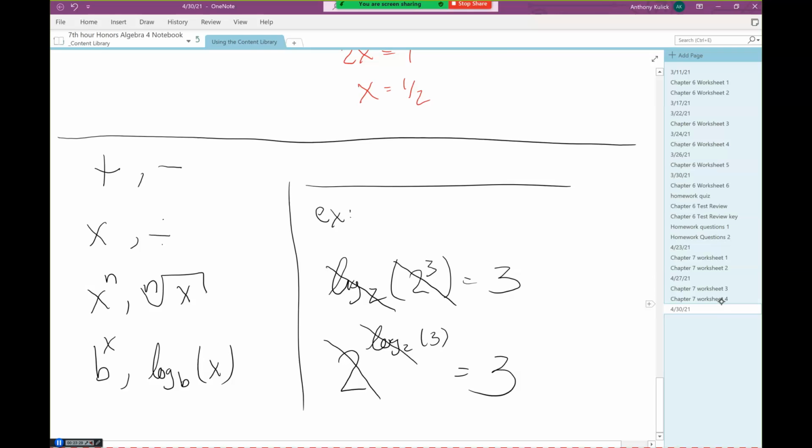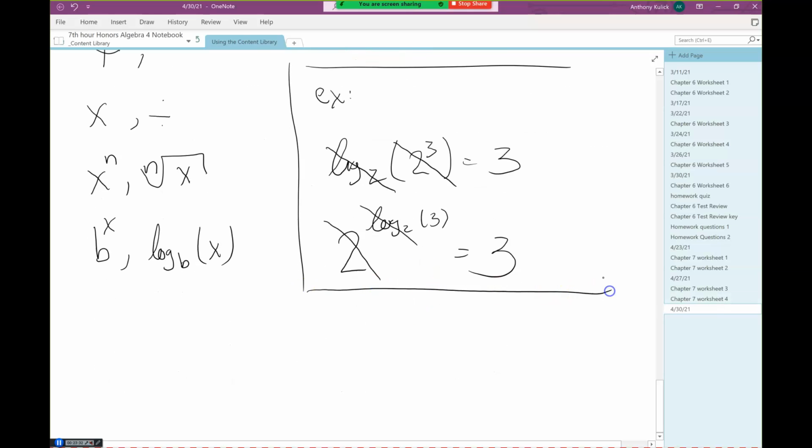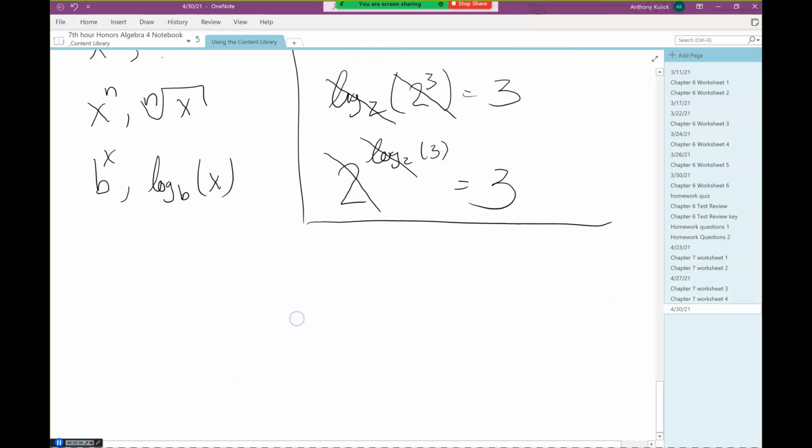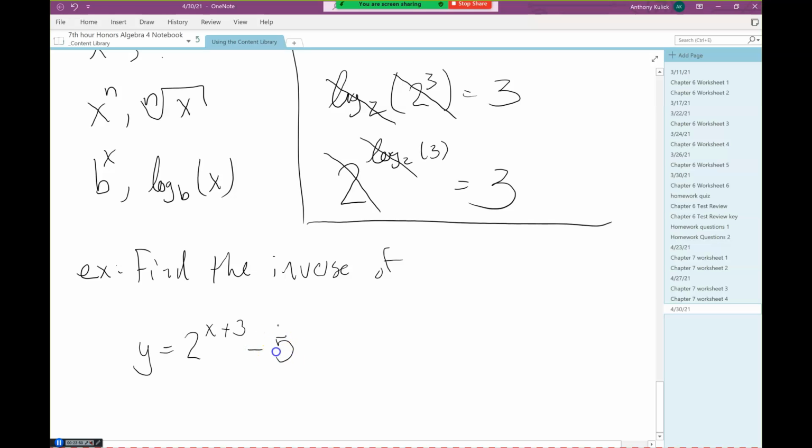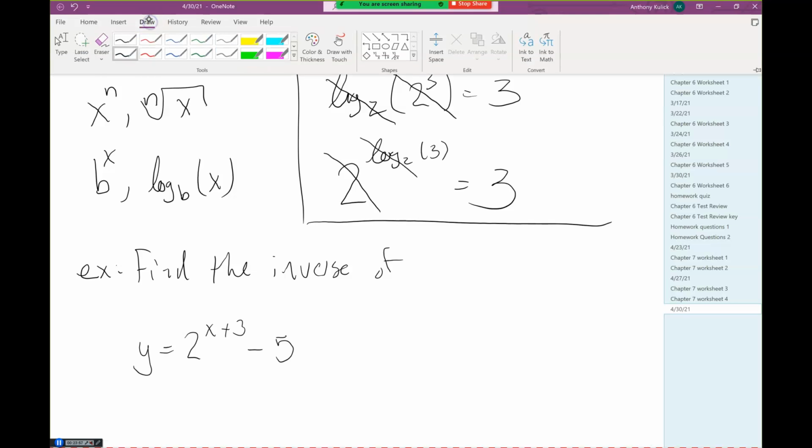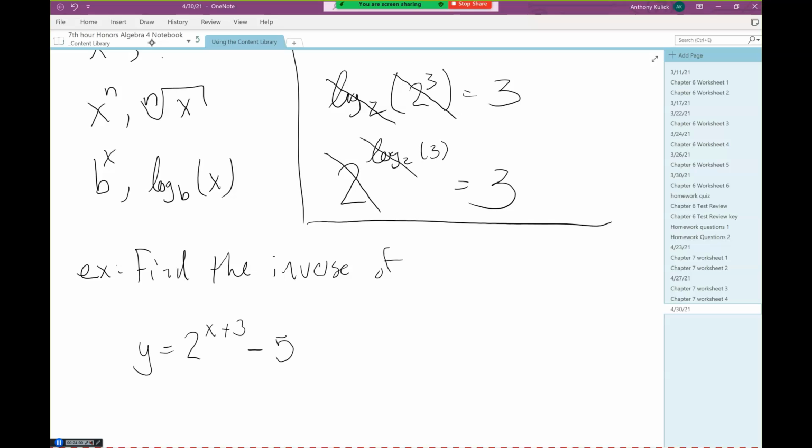So since these two operations are inverses, we can use them to find inverse functions. So let's say we have this exponential function, y equals 2 to the x plus 3 minus 5.